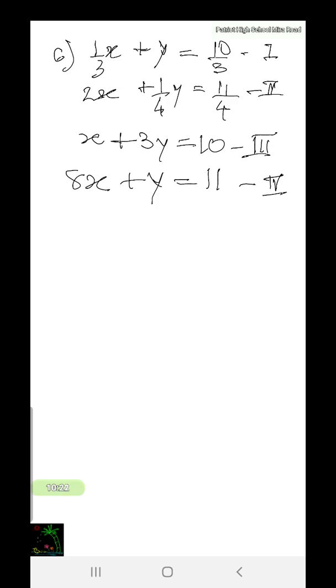Multiplying equation 3 by 8, we have 8x plus 24y is equal to 80. This is our equation 5.